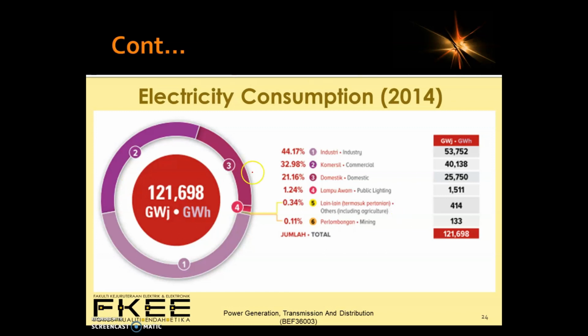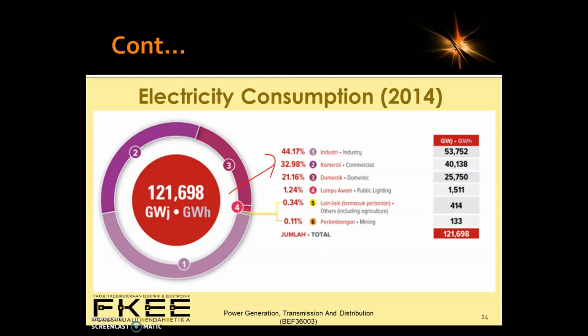If you look here, this is the electricity consumption in Malaysia in 2014. The total electricity consumption is about 121,689 gigawatt hours.